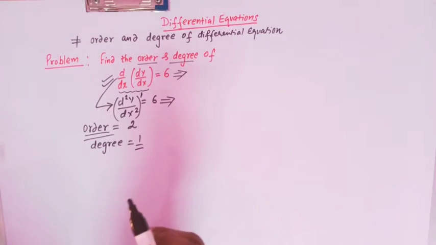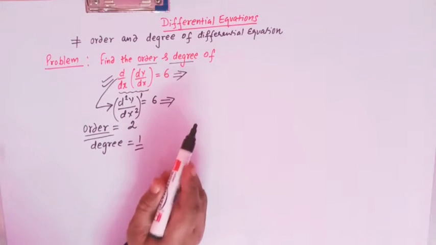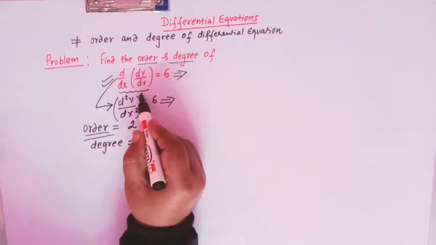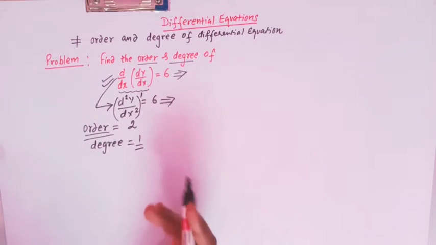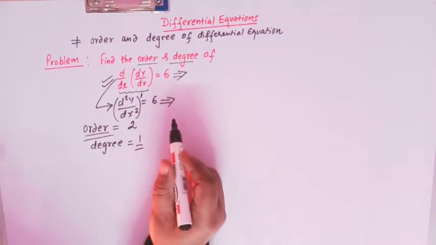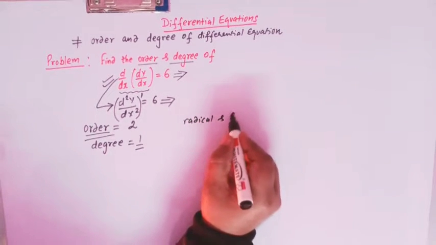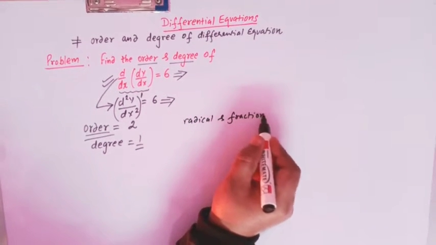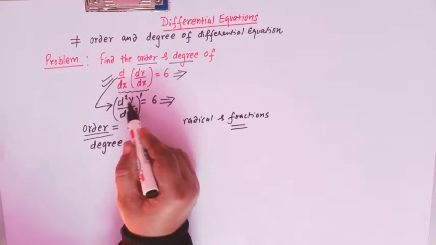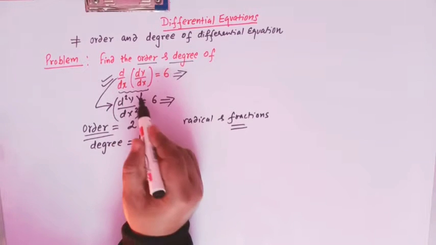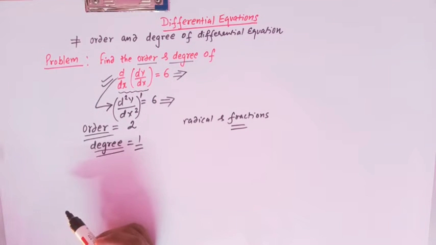The degree of a differential equation is the degree of the highest derivative which occurs in it, after the differential equation has been made free from radicals and fractions, right? Here the highest order derivative is only d2y over dx2, so its degree will be treated as the degree of this differential equation.